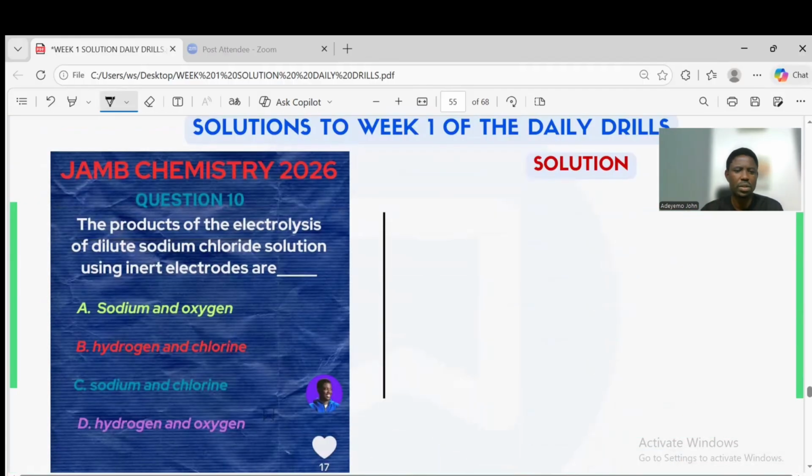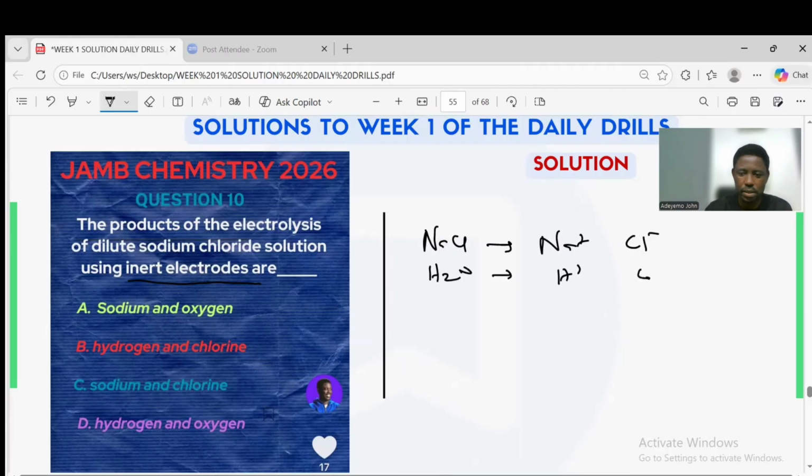All right. The product of electrolysis of dilute sodium chloride solution using inert electrodes. What is the purpose of using inert electrodes, like platinum and carbon? So that they will not react with your product. Okay, so sodium chloride is dilute. NaCl splits into Na plus and Cl minus. Then H2O is present, going into H plus and OH minus.